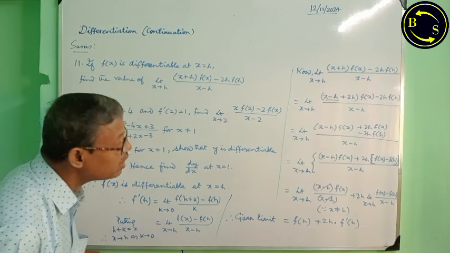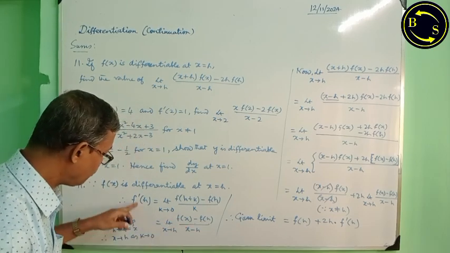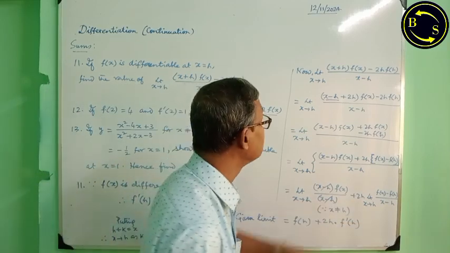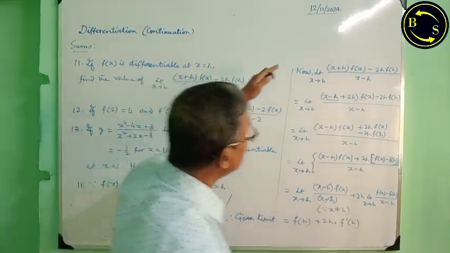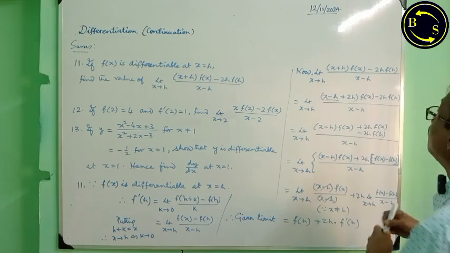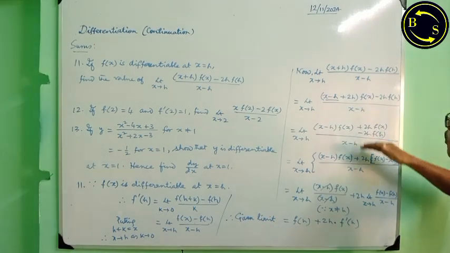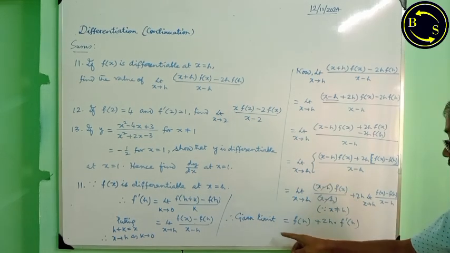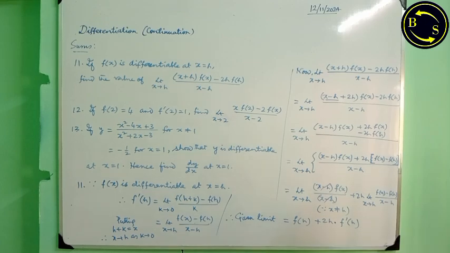This is the transformed form of f dash h. I have applied this one here. Then I have written the given limit in this form and simplified. Final step is this one. I have put the value and got the value of the given limit, this one.